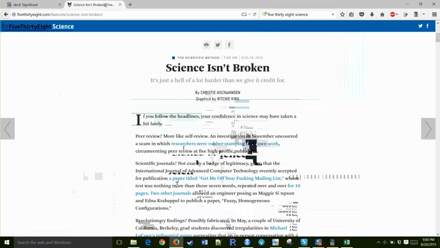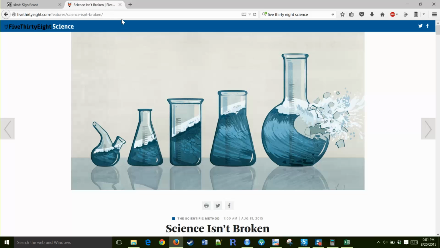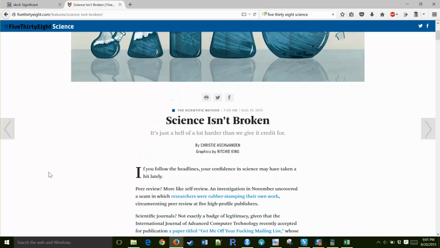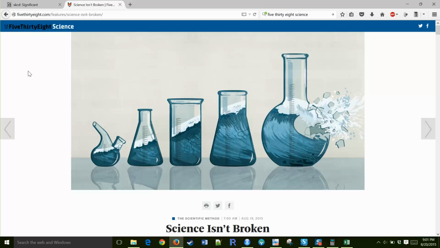In 2008 he gained national attention because he correctly predicted the outcome of the presidential election, predicting how each state would fall based on the polls up to that time.